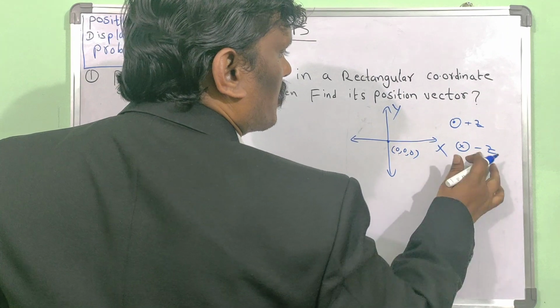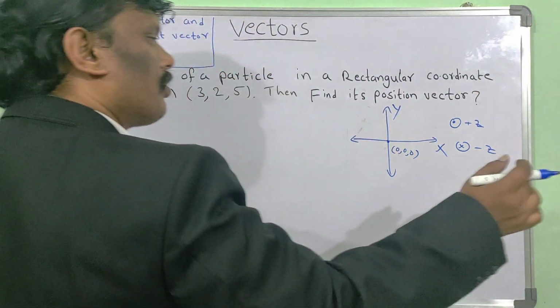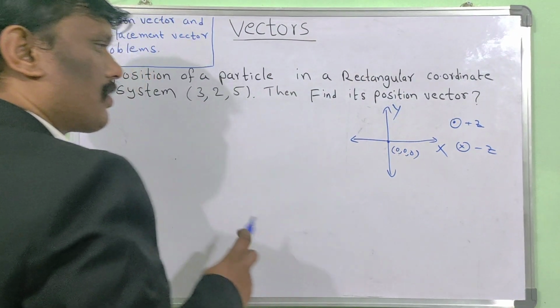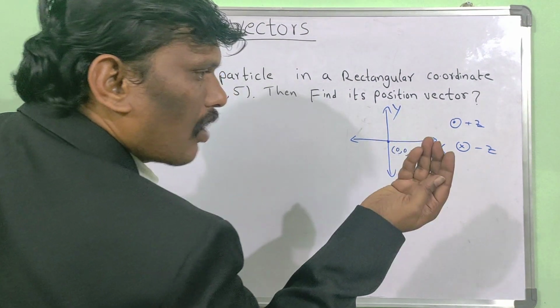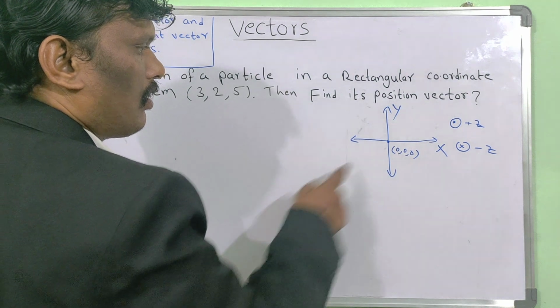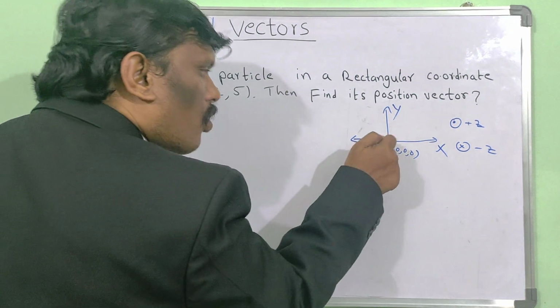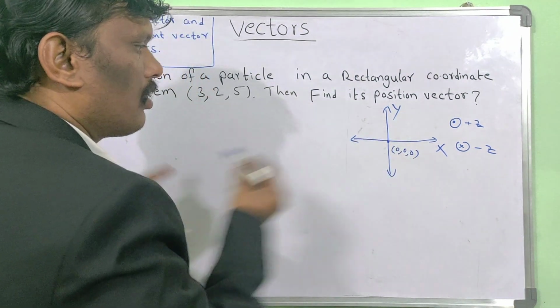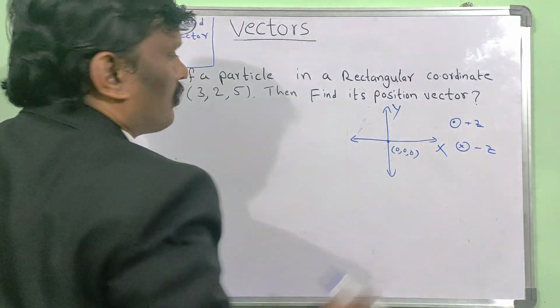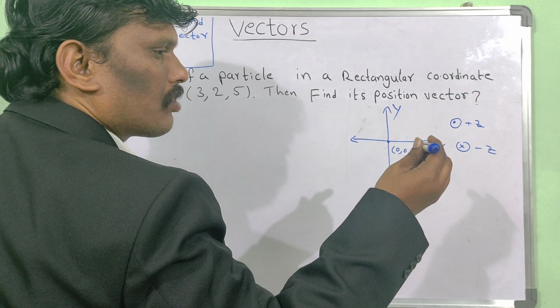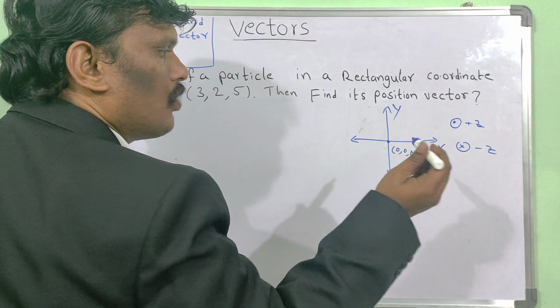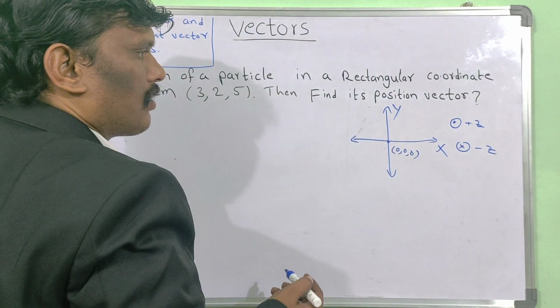From the origin, the outward normal is the positive z-axis. The inward normal is the negative z-axis.